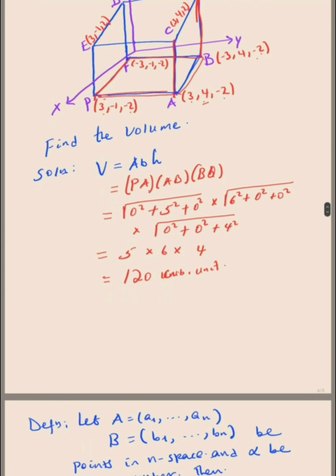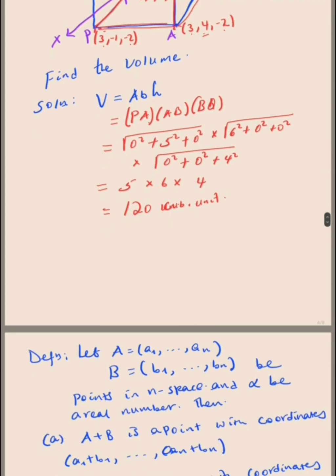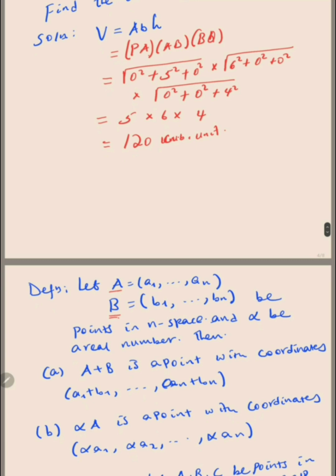So the next is how can we define an operation for points in any dimensional space. If you have 2 points, A and B, which are points in any space, and you consider alpha to be any real number, then the addition of points is a point by itself, and it has this representation.